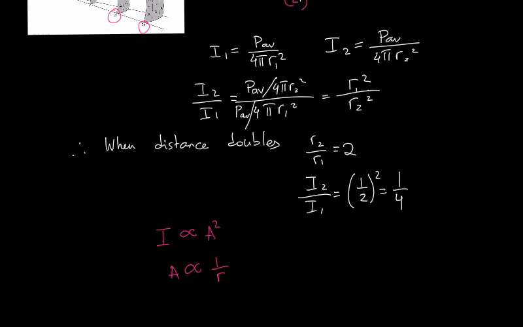To see this directly, let's consider again two different distances from the source, and we call these distances r1 and r2.